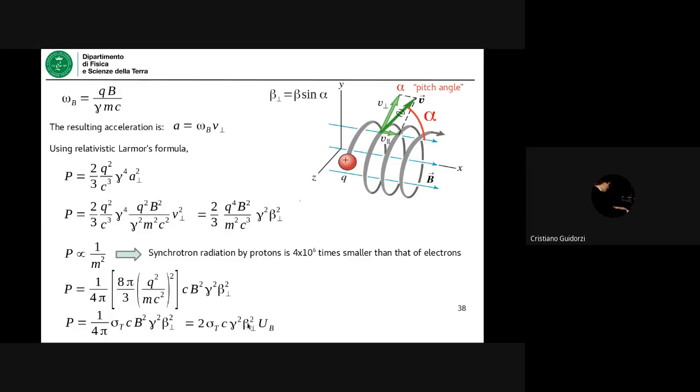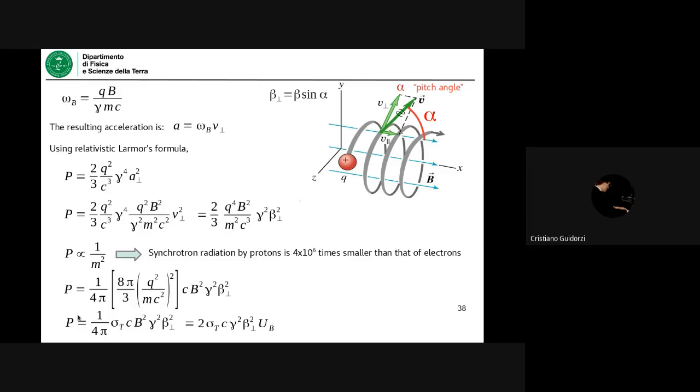So c UB, velocity times energy density, is something very general that we meet in several contexts. Velocity times energy density is just energy flux. Energy flux times an area, which is the Thomson cross section, is indeed energy per unit time.